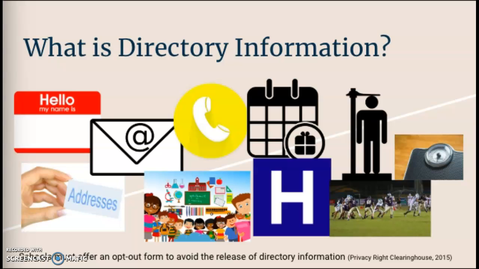So if they're participating in sports, they could disclose their weight and height for sports. Their grade level, for instance, if they're a freshman, sophomore, junior, or senior. So more parents may choose to opt out due to the inclusion of more types of student data.